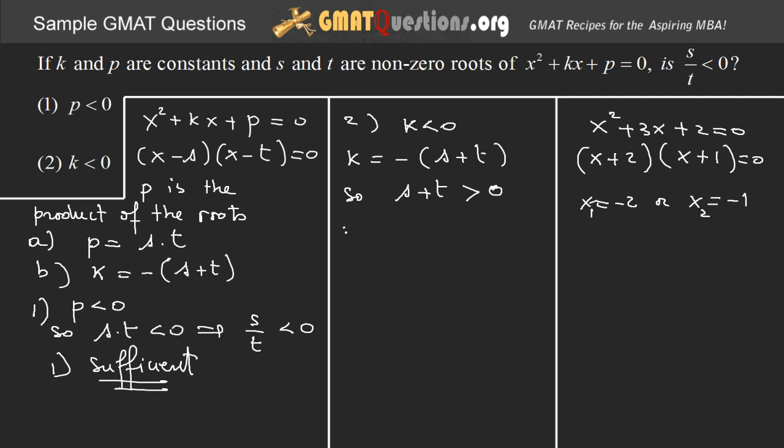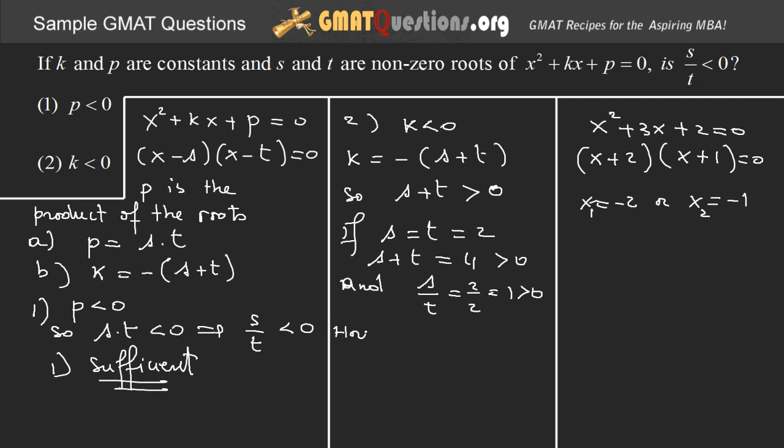If s, just to make it simple, equals t equals 2, for example, then s plus t is equal to 4, which is greater than 0. And s over t is equal to 2 over 2 equals 1, greater than 0.